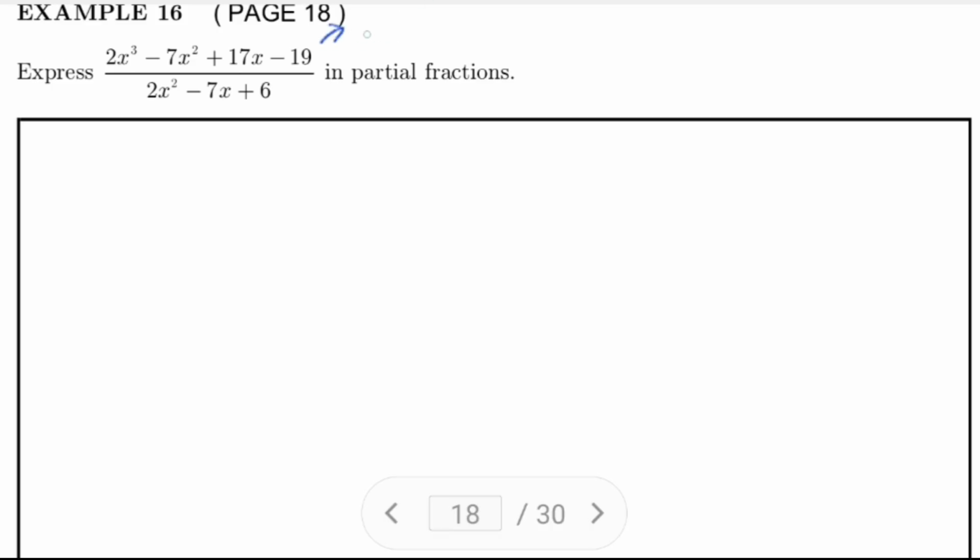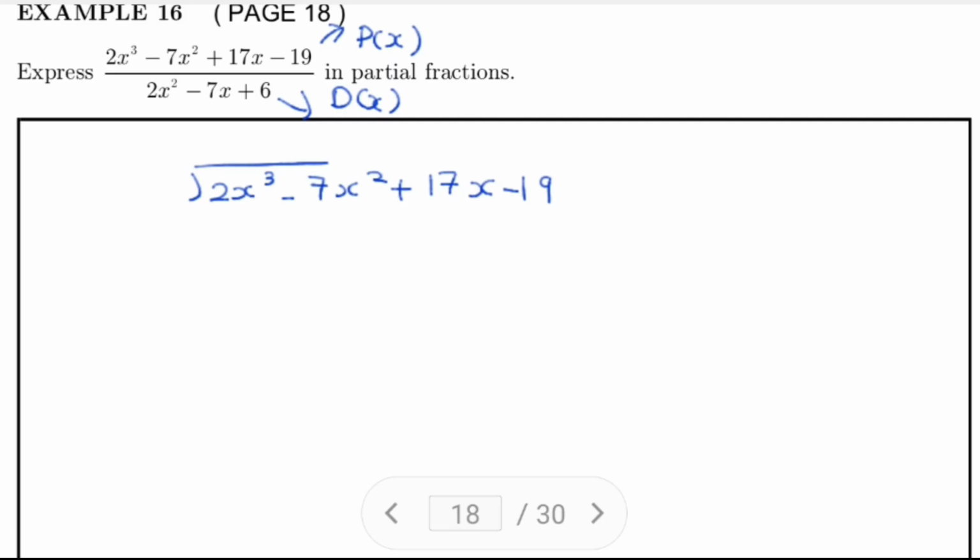So the polynomial in the numerator will be P(x). The polynomial in the denominator will be D(x), the divisor. So 2x cubed minus 7x squared plus 17x minus 19 will be divided by 2x squared minus 7x plus 6.